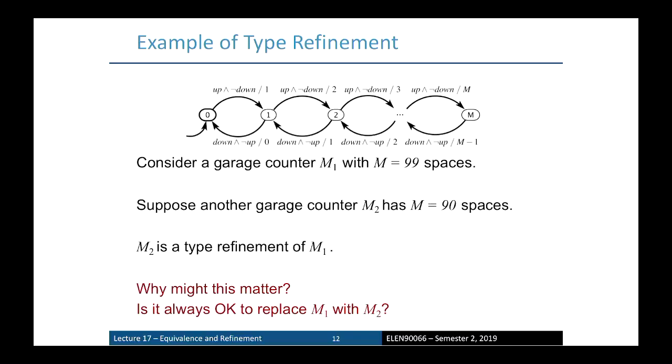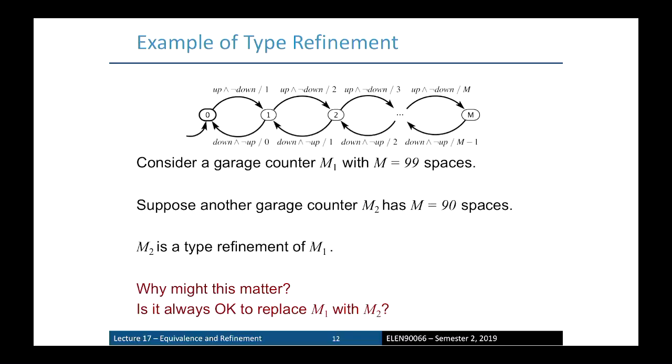The answer is it depends, right? Obviously, if you drop that into the system there and you get 91 cars come in, then you've got a problem, right? It can't count beyond that, so it's going to lie. It's going to saturate at 90. So it's got similar behaviour. It's a type refinement, so it works. It's type equivalent, actually.